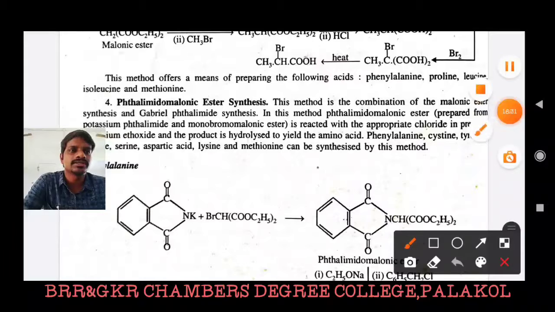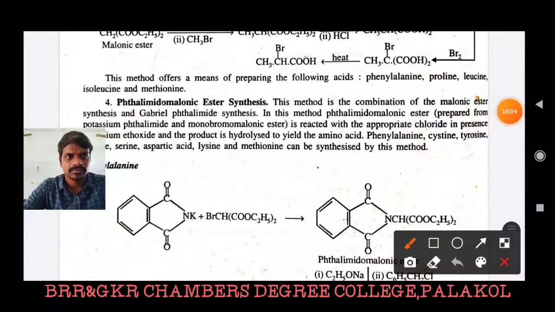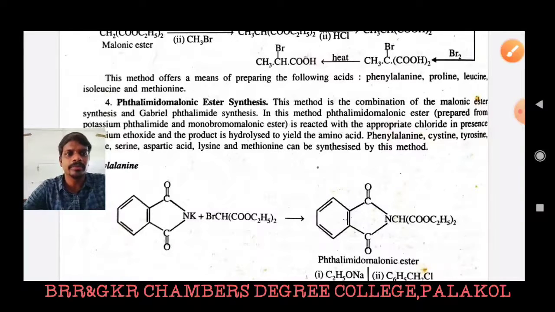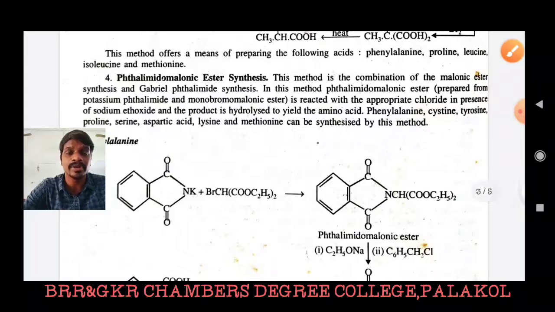Let us see the fourth method. The fourth method is phthalimidomalonic ester synthesis, students. This method is a combination of the second method and the third method. What is the second method? Gabriel phthalimide synthesis. What is the third method? Malonic ester synthesis. In this method, we take both the reactants. In Gabriel phthalimide synthesis, we take potassium phthalimide, and in malonic ester synthesis, we take malonic ester.